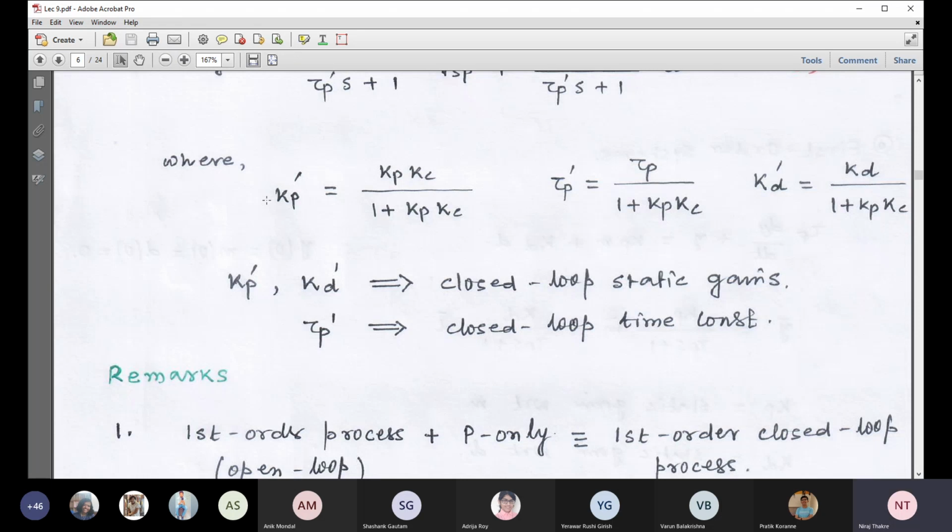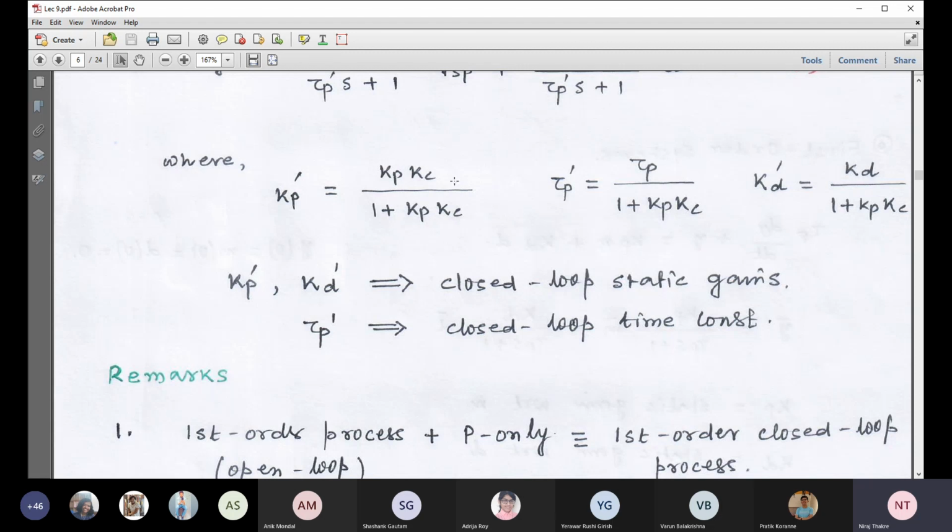Based on this expression, can you tell me which one is greater, KP or KP prime? Anyone? Can anyone tell?